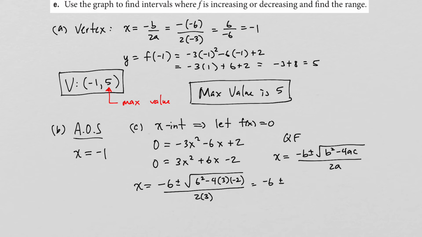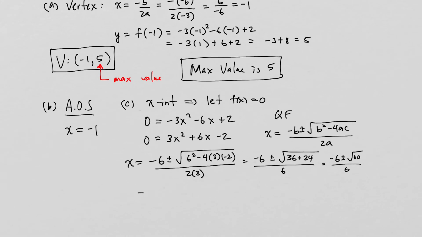And now we just need to go through and simplify this. So I will do this quietly because we have already discussed how to do this. But we end up getting -6 plus or minus the square root of 60 divided by 6.